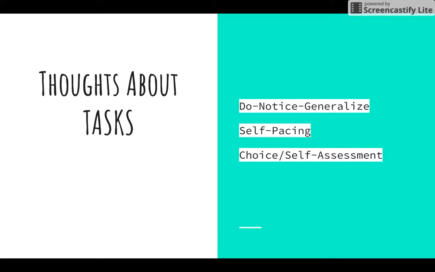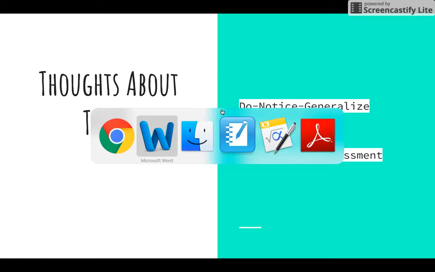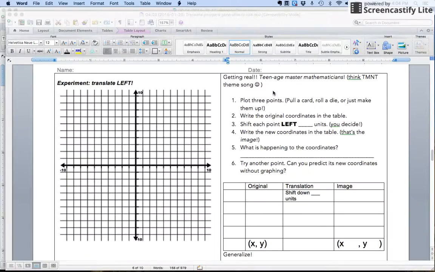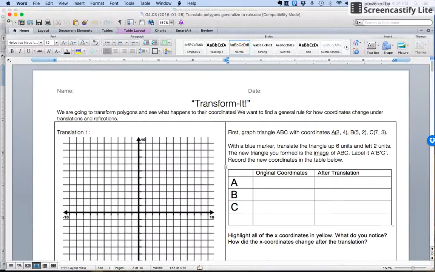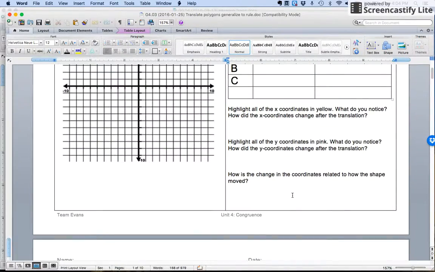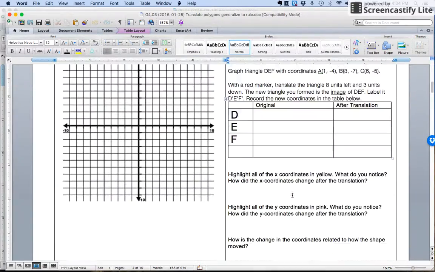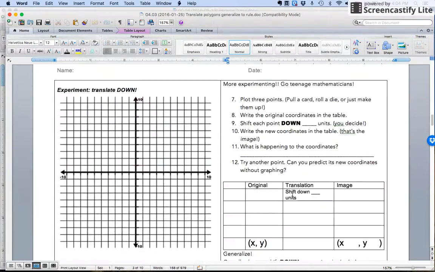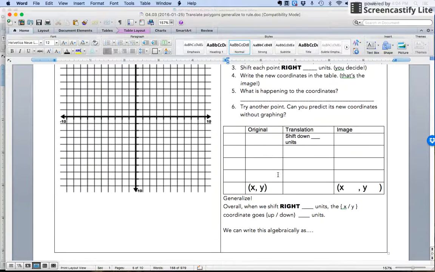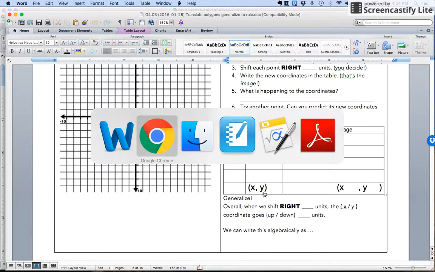Okay, so the big ideas that I think about with math tasks in a normal day, in a normal unit, one is this do, notice, generalize thing that you see in the transform it task. I'm asking students to do something. I'm asking them to notice what happened. And then after doing it a few more times, I'm asking them to generalize and make a rule for what's going on.